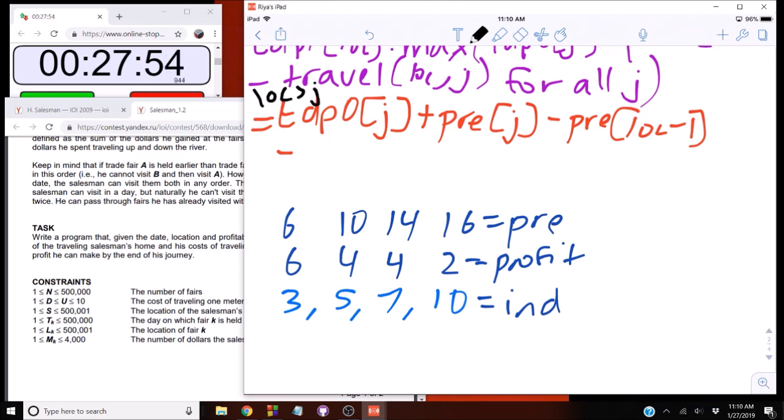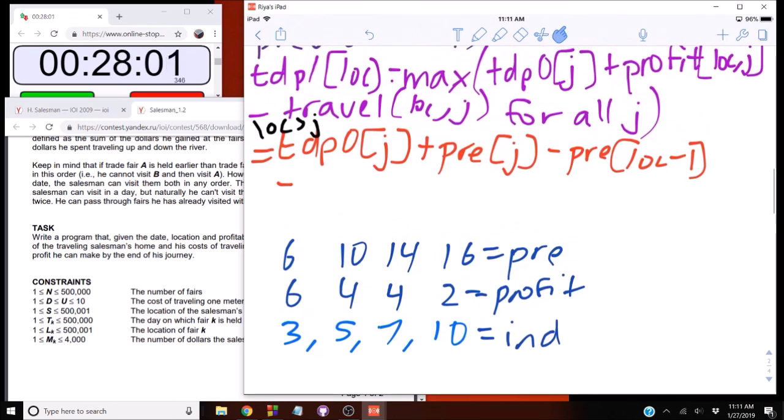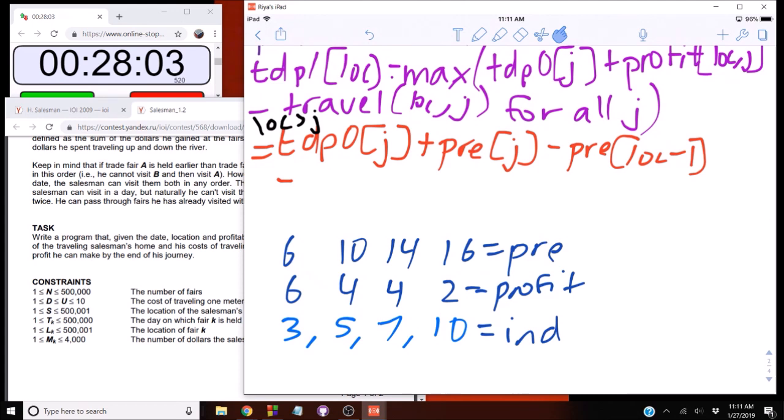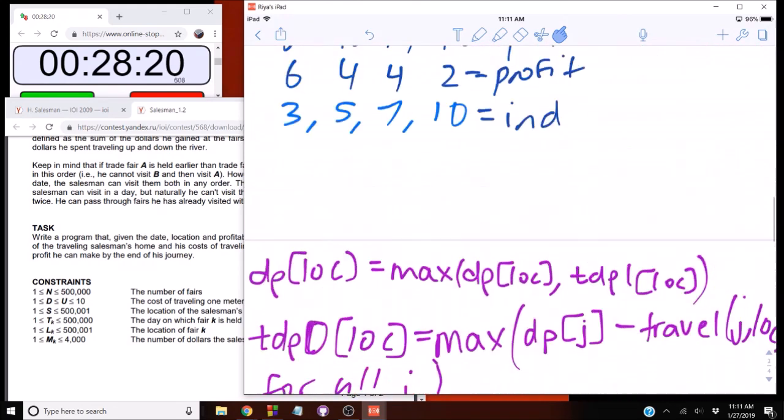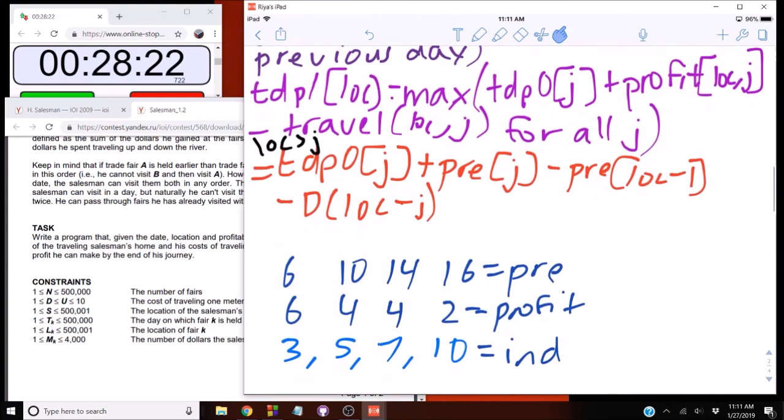Okay, lock is greater than j. So this means that we are traveling downhill because we started at a smaller value and we're now at a bigger value. So it's d times lock minus j. Previously it was j minus lock because j was bigger. Now it's lock minus j because lock is bigger.